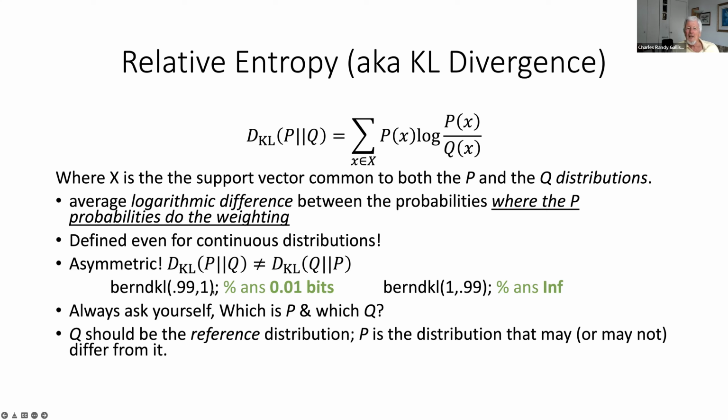Suppose I tell you almost all swans are white. Right? 99 out of every 100 swans are white, right? And you say, no, it's not almost all, it's all swans, right? So I think it's 0.99, you think it's 1.